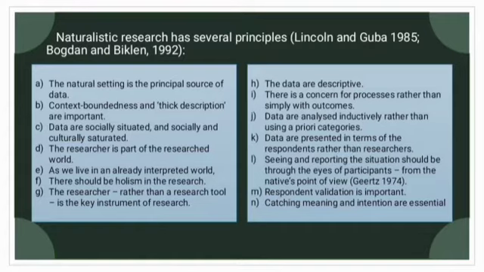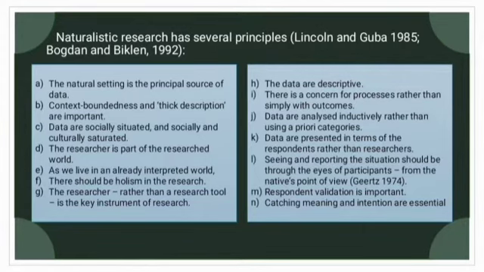Next, the researcher is part of the researched world. Next, we live in an already interpreted world. Next, there should be holism in the research. Next, the researcher, rather than a research tool, is the key instrument of research.